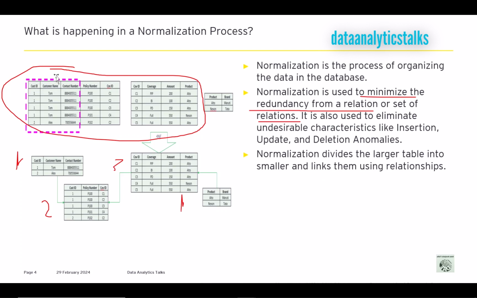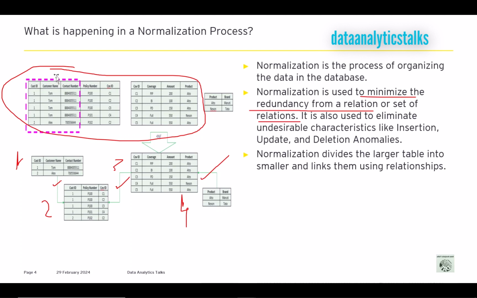So we are splitting one table into many tables, and you will be connecting them with a relationship, either one to one, many to many, or one to many. So whatever the context, you will be relating the tables with proper relations.